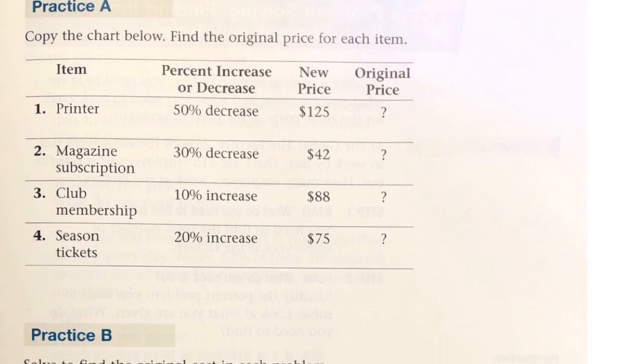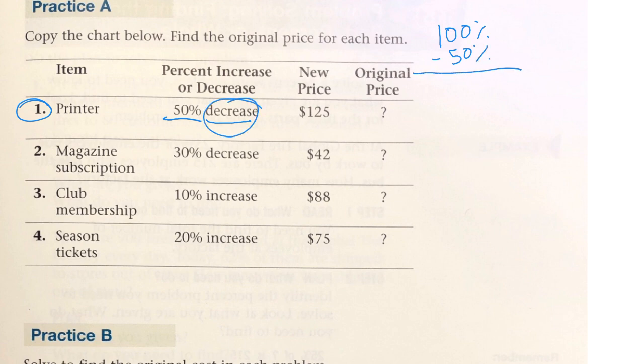Let's look at practice A with this chart. Find the original price of each item. We've got the printer has a 50% decrease. So the first step, we see the 100% minus the 50% decrease. And it's a minus because it's a decrease.